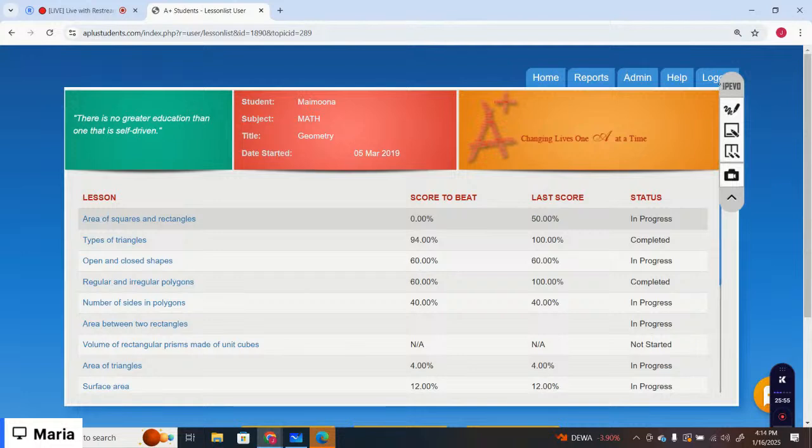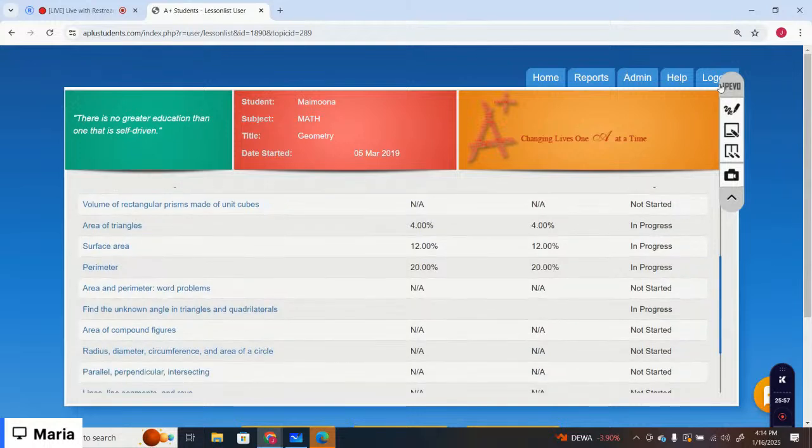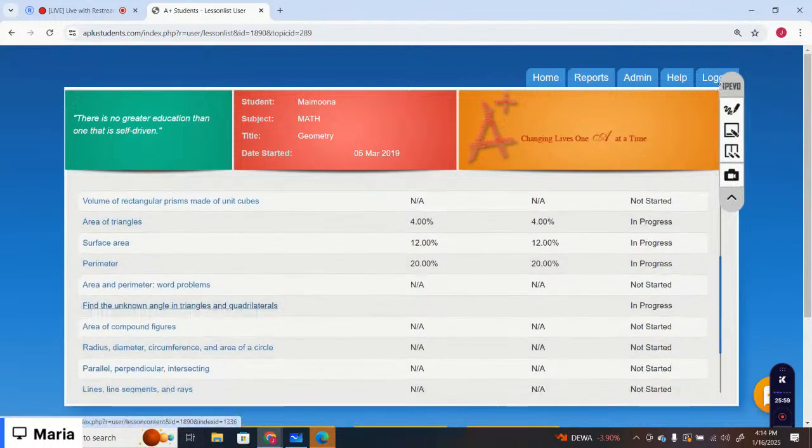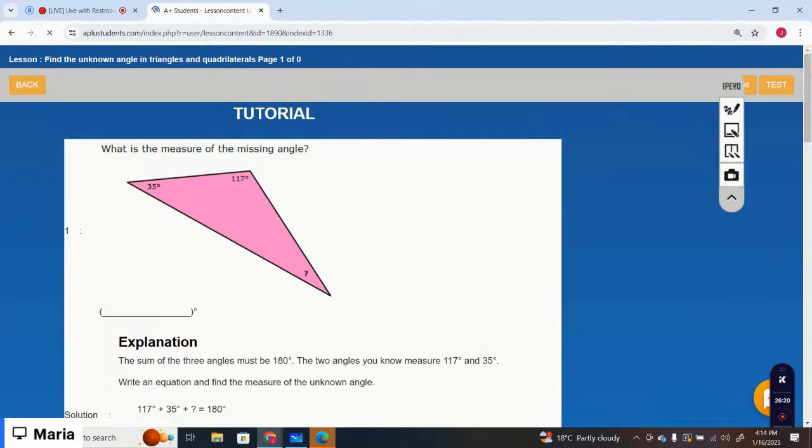The next lesson is find an unknown angle in triangles and quadrilaterals. What is the measure of the missing angle? So that is a triangle.